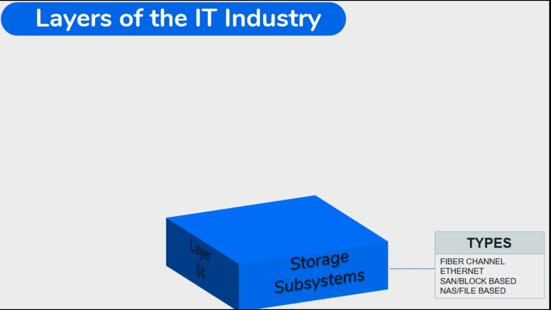As we progress towards the core topics, we will be talking about what is a block based storage, what is a file based storage in the coming lectures. But from a storage subsystems perspective, primarily they communicate using fiber channel and ethernet, and they are SAN based and NAS based. SAN based are primarily block based ones, and the NAS based ones are the file based ones.